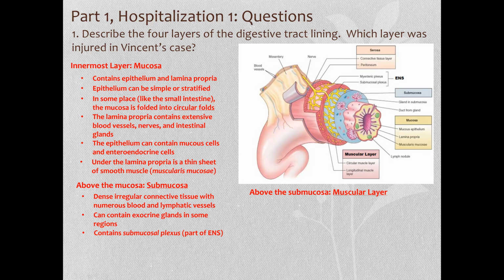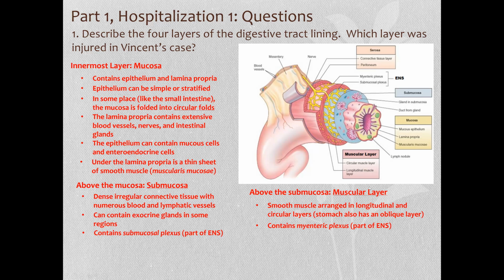Above the submucosa, you would have the muscular layer. In this layer, you have smooth muscle that is arranged in 2 primary directions. There is longitudinal muscle, which is lengthwise to the tract, and then circular muscle, which goes around in a circle around the tract. And then in the stomach, there's a 3rd layer called an oblique muscle layer.